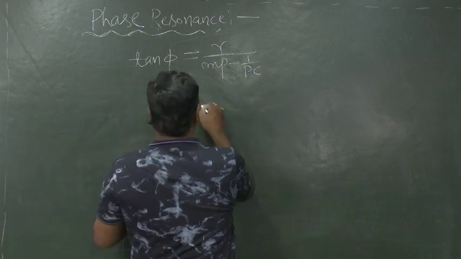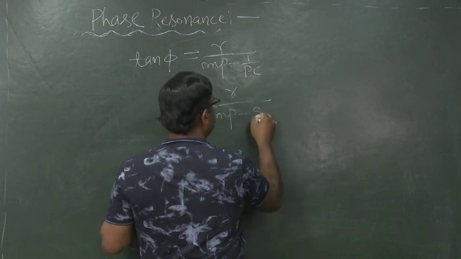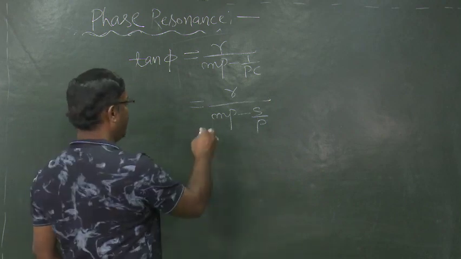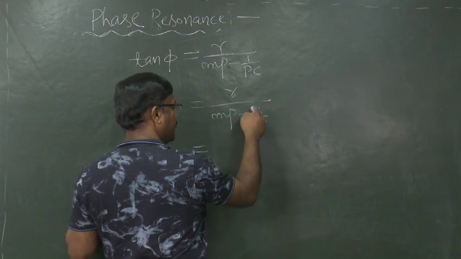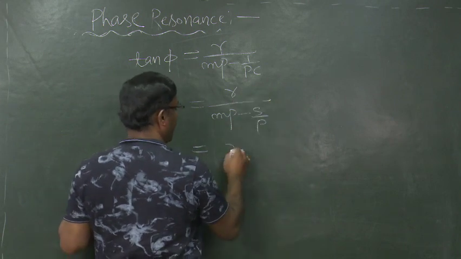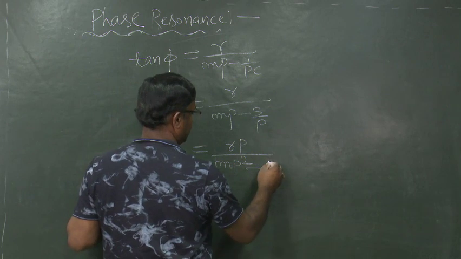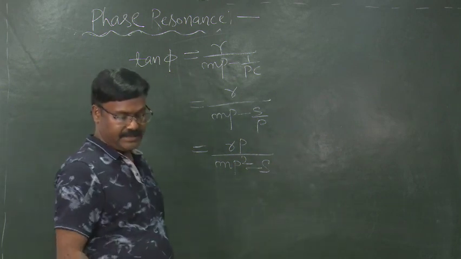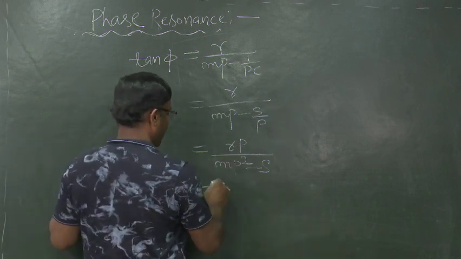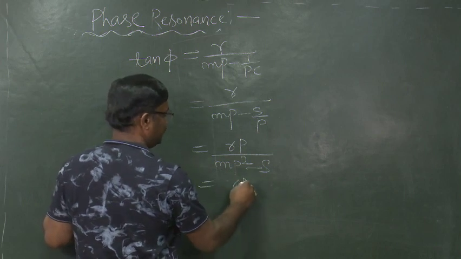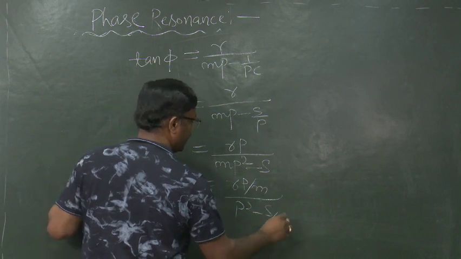So, this can be written as r divided by (mp minus s by p), which, taking the LCM, is rp divided by (mp square minus s). Dividing by m, we can write this as rp by m divided by (p square minus s by m).